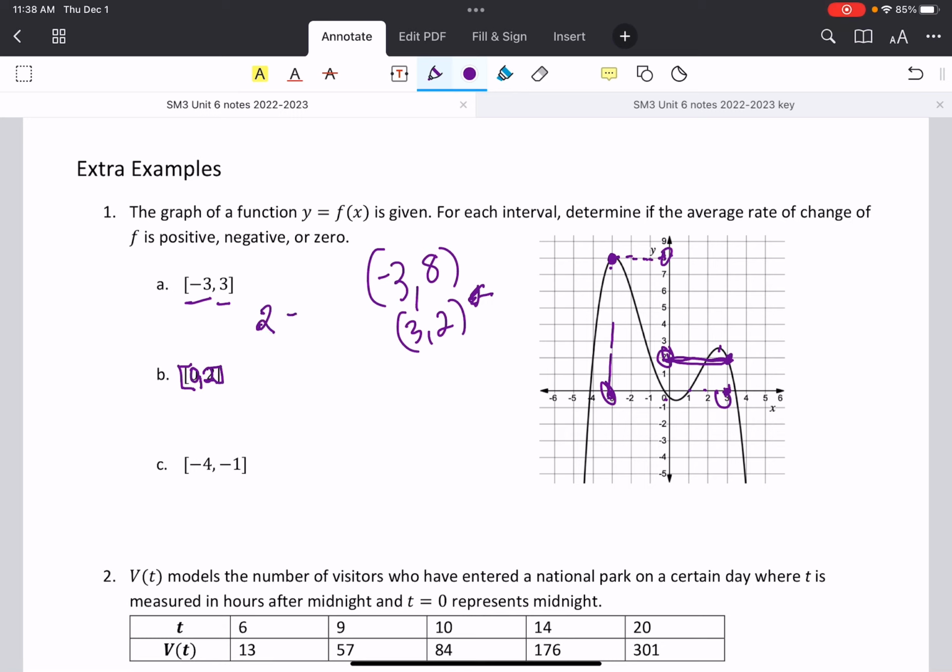So 2 minus 8 over 3 minus -3. You're always subtracting, so a negative minus a negative will give you a positive, or a plus. 2 minus 8 is -6. 3 minus -3 is a positive 6 because it's plus. So the slope was -1.